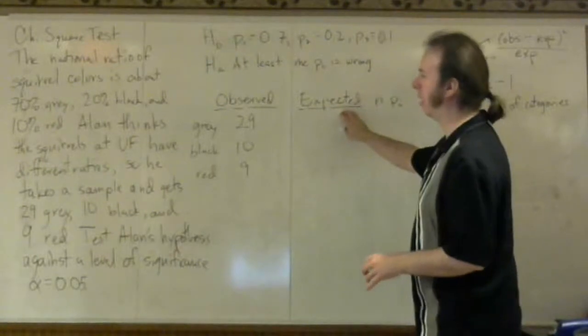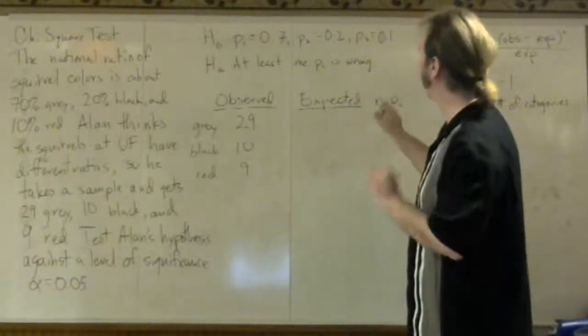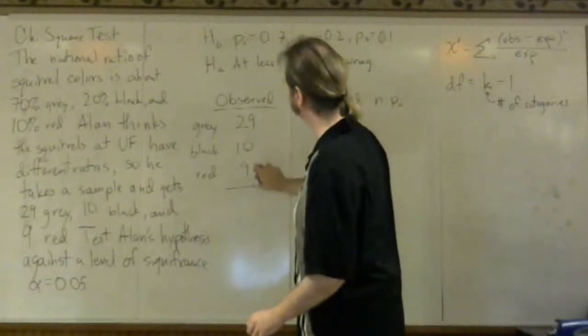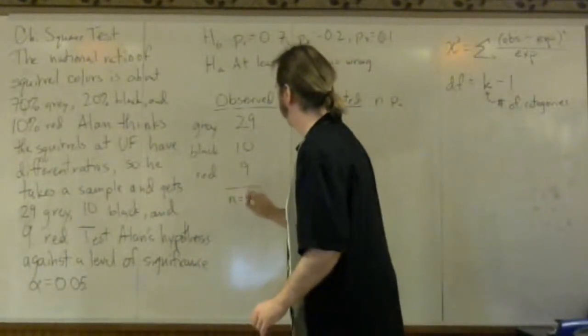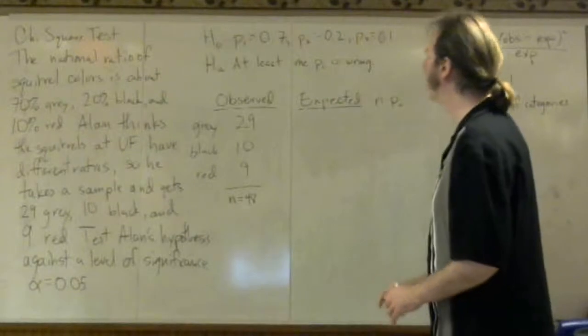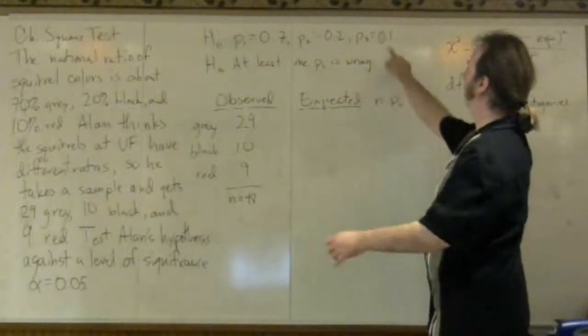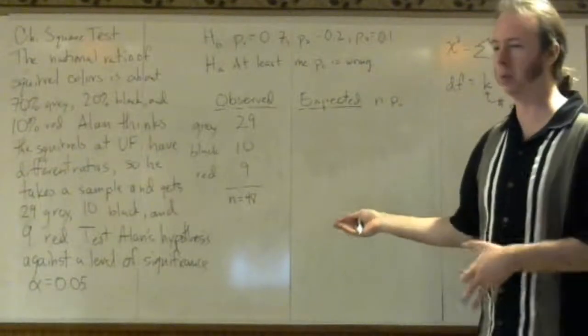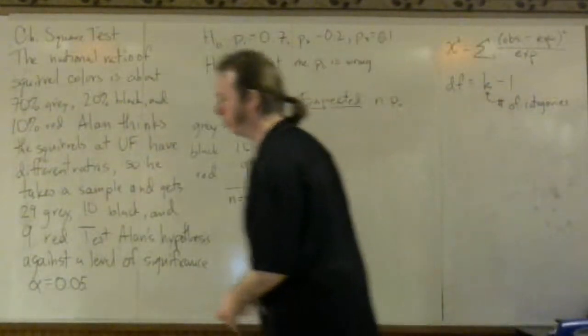The expected values are whatever our sample size is. Our sample size here looks like 48. So we take 48 and we multiply it by each one of these proportions from the null hypothesis. That's what we would expect to get out of each of these samples.